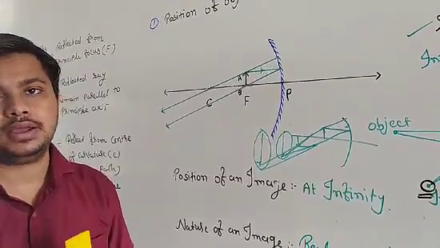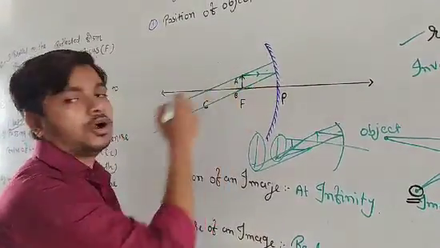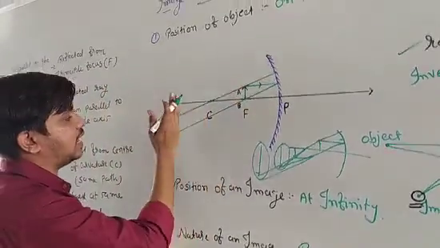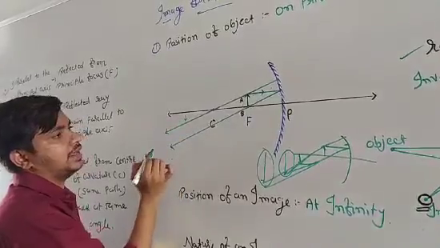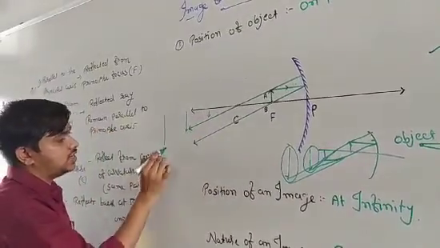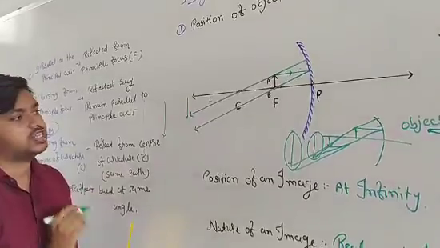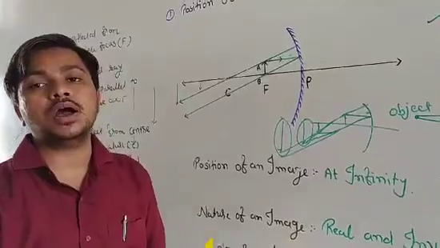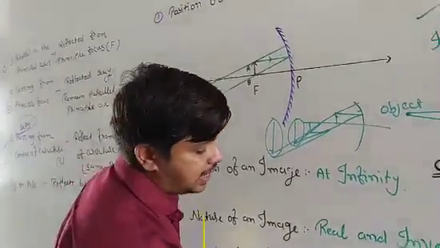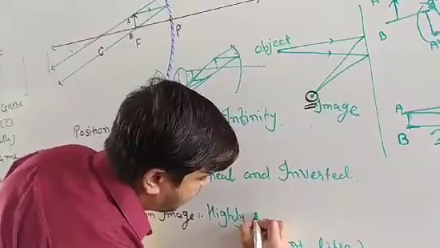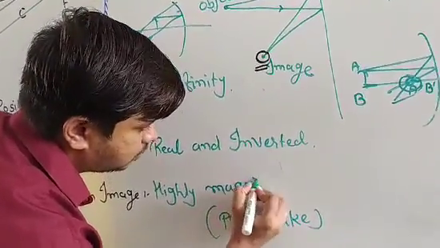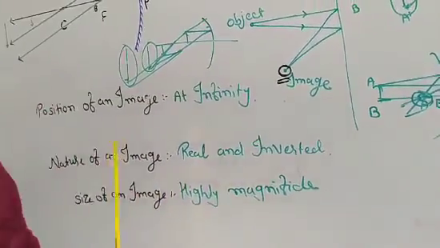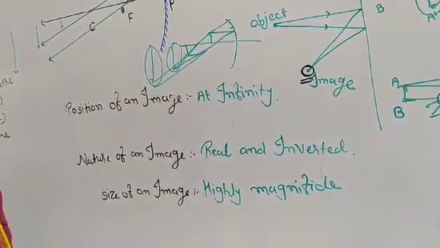It is so big, right? Compared to this object, which is very small, the image is very big. If here, then you get it like that. If here, it becomes small. Like that. Understand? And it meets at infinity distance, so your image becomes very big, or you can say highly magnified.